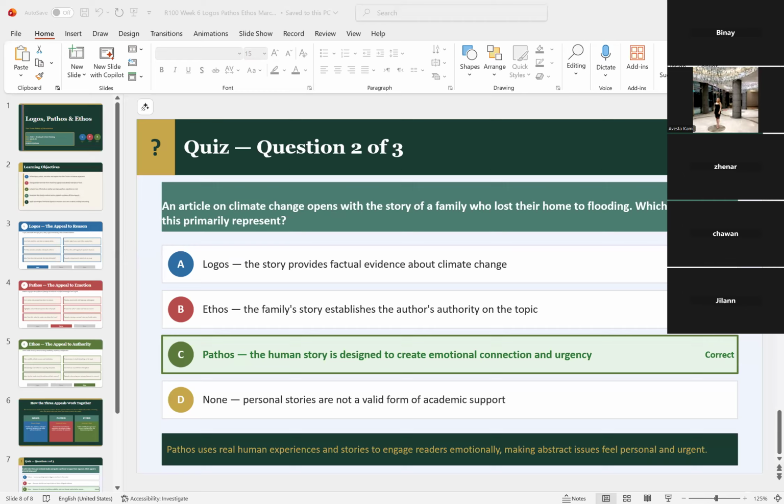So I'm going to share my screen with you guys. Please let me know if something is not clear. Okay. Please let me know if you can see my screen.